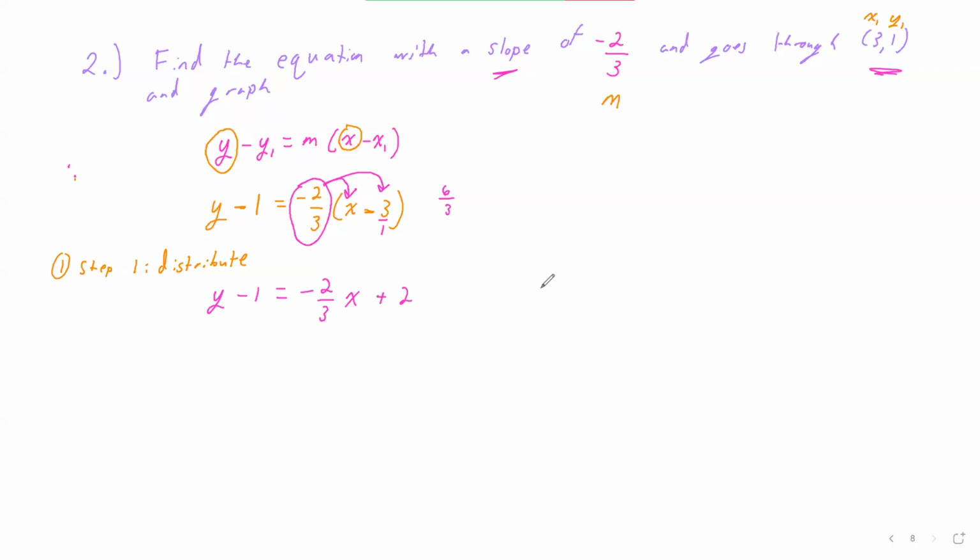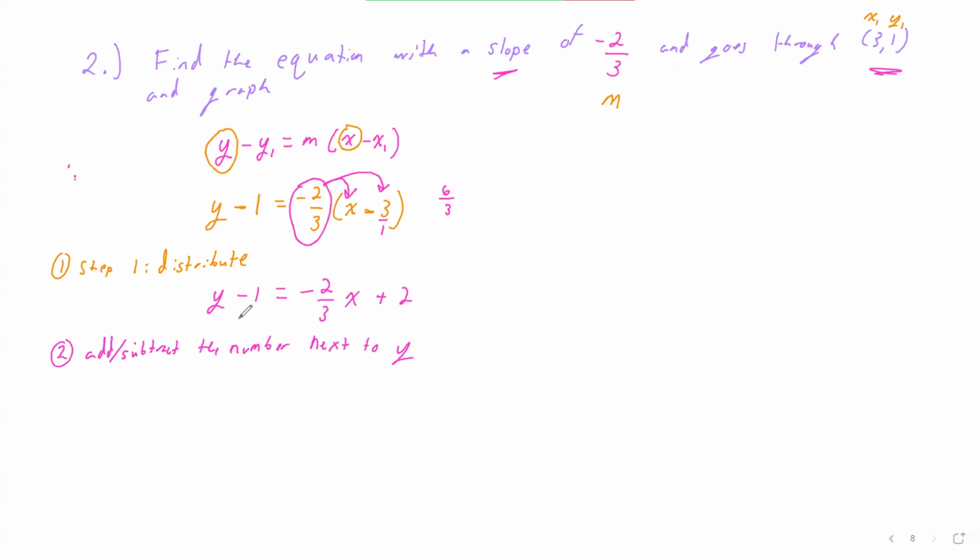Step 2, add or subtract the number. I was about to put a pound sign. The number next to y. So in this case, how will I get rid of this minus 1?